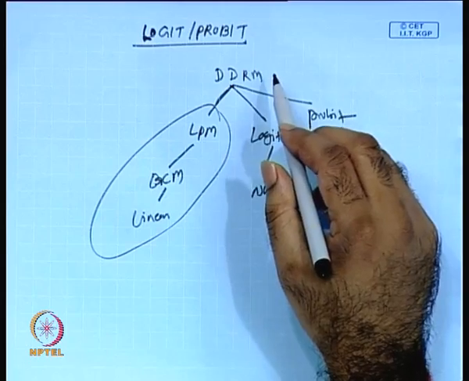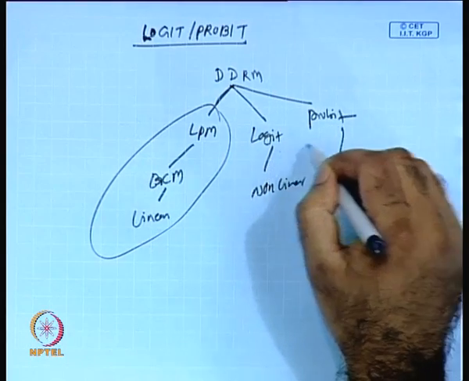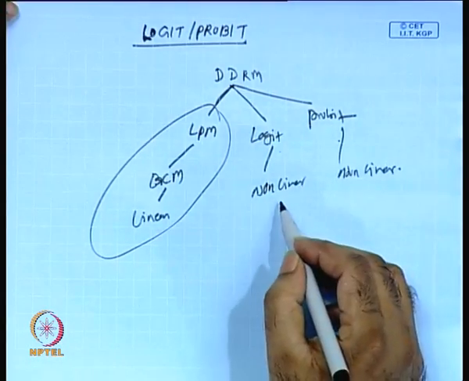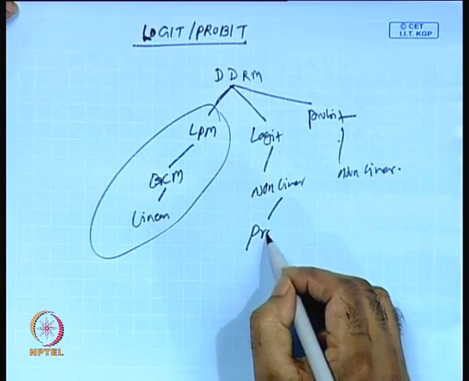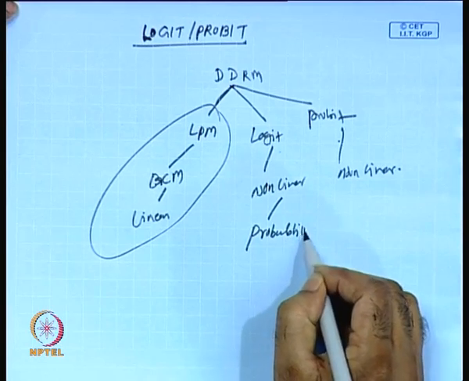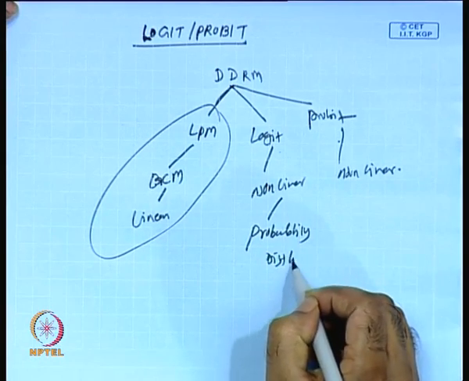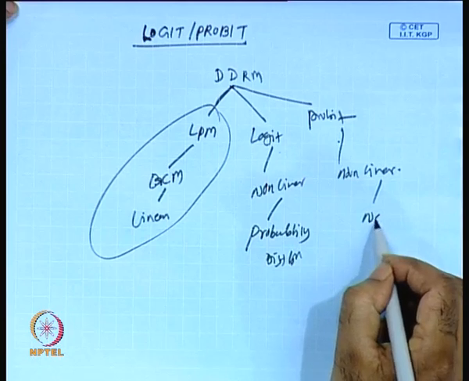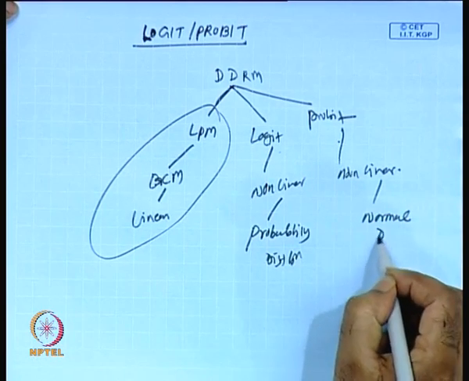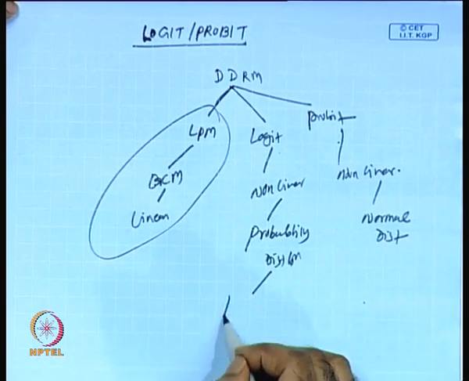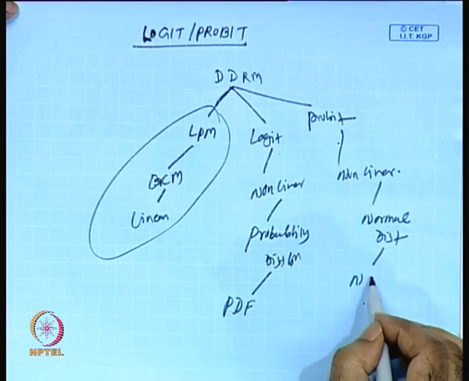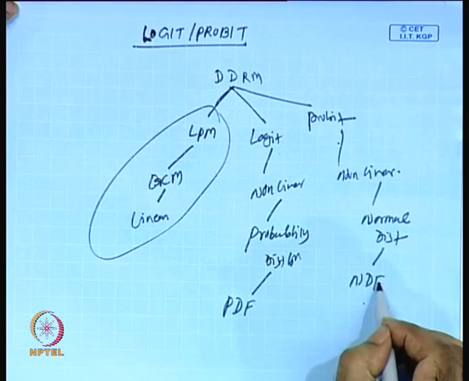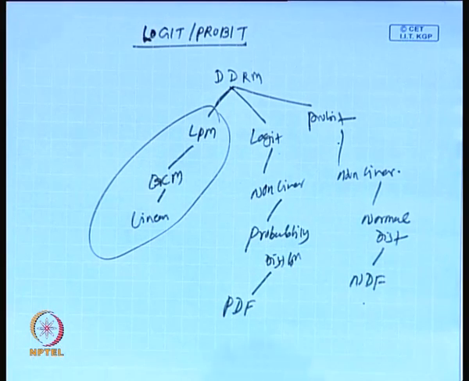Those limitations can be taken care of by the Logit and Probit models. The Logit model uses the logistic probability distribution, and the Probit model typically uses the normal distribution, that is, the normal density function.